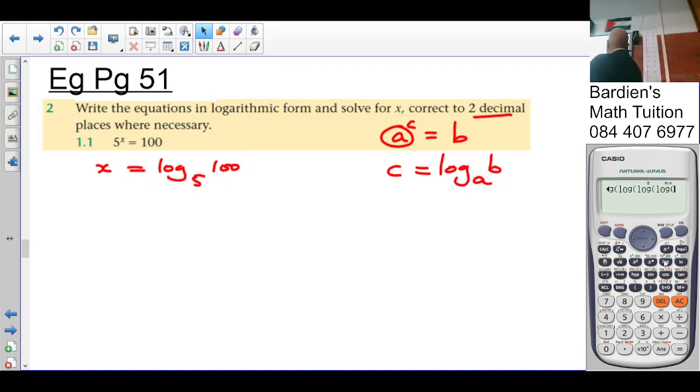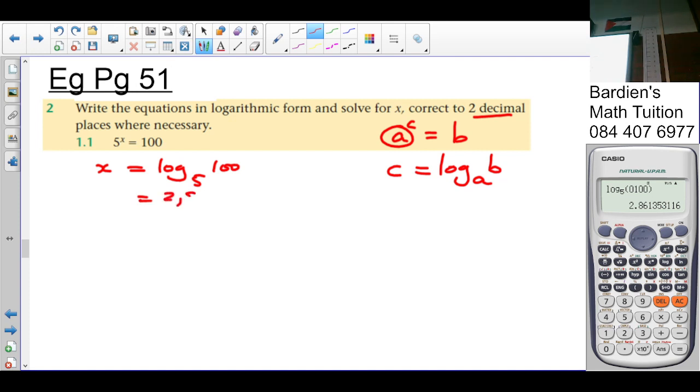This one here is log of a number base 10. However, the one we are interested in is this one here. So it will be log 100 base 5, which gives you 2,86. So x is equal to 2,86.